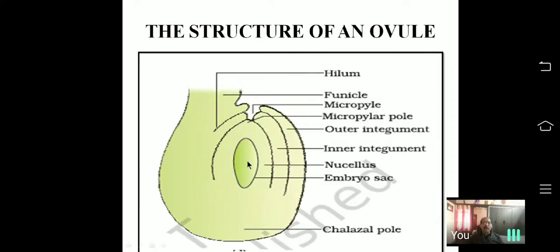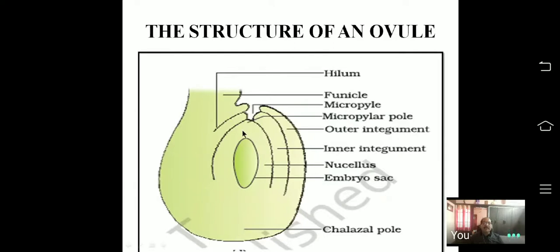This embryo sac is externally covered by a special tissue which contains dense cytoplasm and a functional nucleus. This tissue found around the embryo sac is called nucellus. That is the nucellus. It is a nutritious tissue. It provides nutrition and it is a nourishing tissue.